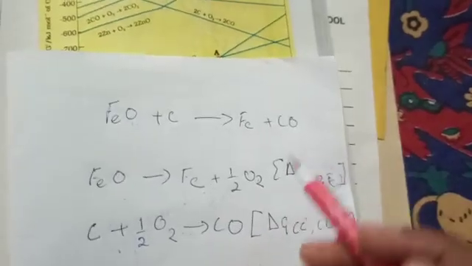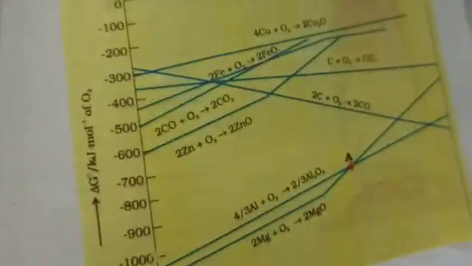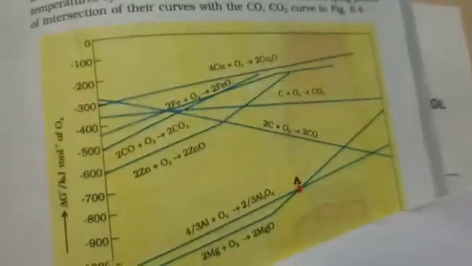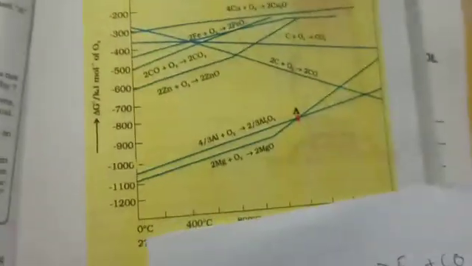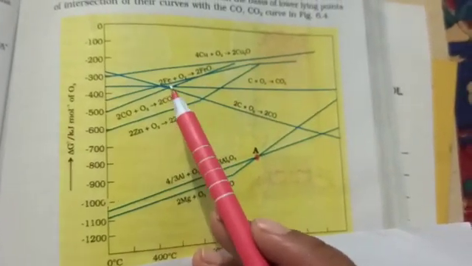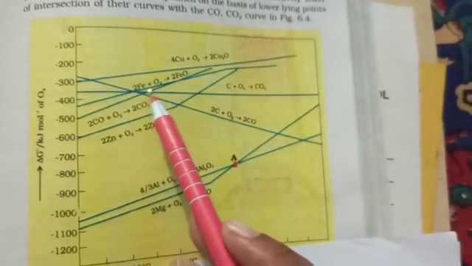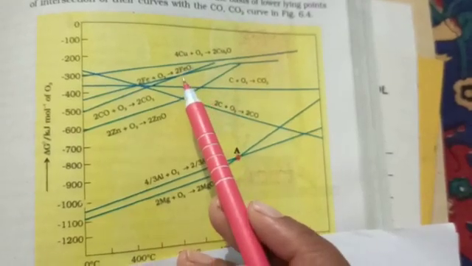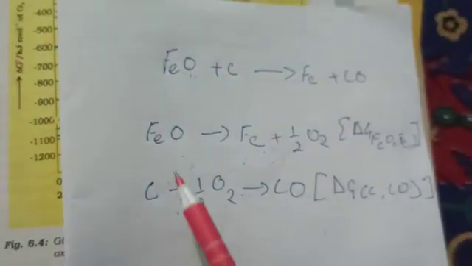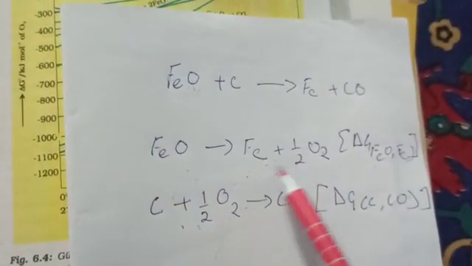So now look at this Ellingham diagram. How to understand this? Here this reaction Fe plus O2 is giving FeO, which is similar to this reaction.